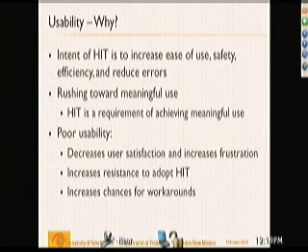So why do we need usability? That's pretty obvious to some extent, but it has been studied quite a bit. The intent of HIT is to increase the ease of use, safety, and efficiency, and reduce errors. It's not to make things harder. It's not to just make sure we have everything electronic. It's supposed to make things better.